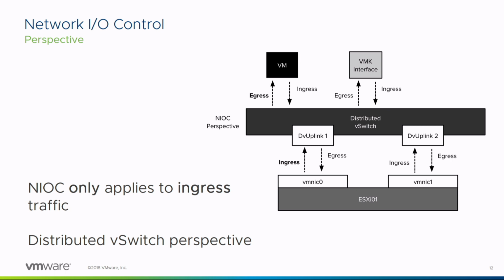So when a VM is transmitting network packets to the distributed vSwitch, that's considered ingress traffic. The same goes for an uplink, which is going into the distributed vSwitch: ingress traffic. But from the distributed vSwitch to a VM, or to a VM kernel interface, that's considered egress. And network I/O control nowadays is not able to enforce on egress traffic.